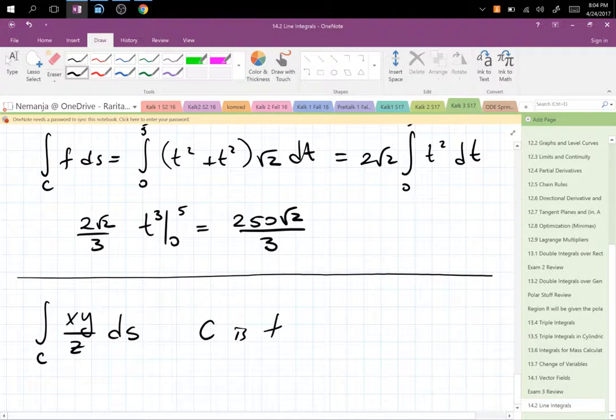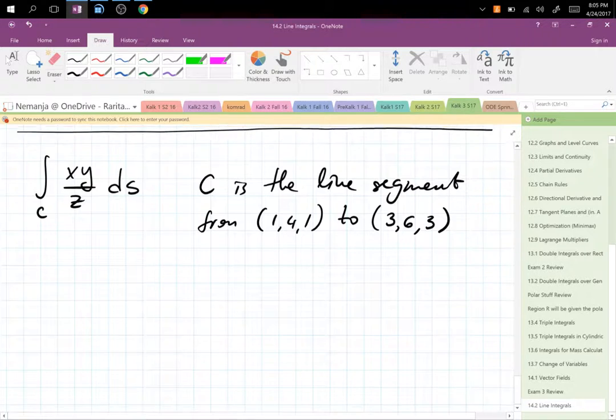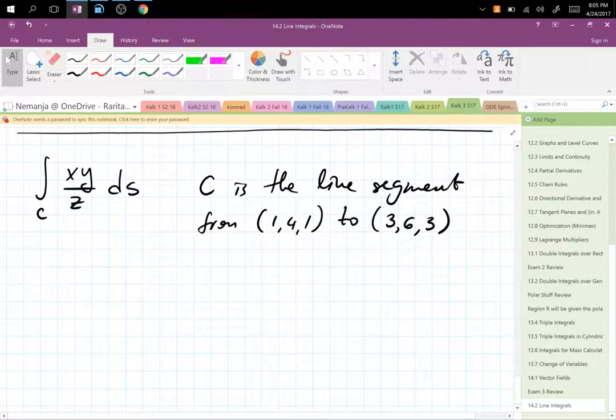C is the line segment from (1, 4, 1) to (3, 6, 3). Same steps as above. Let's see what you get.